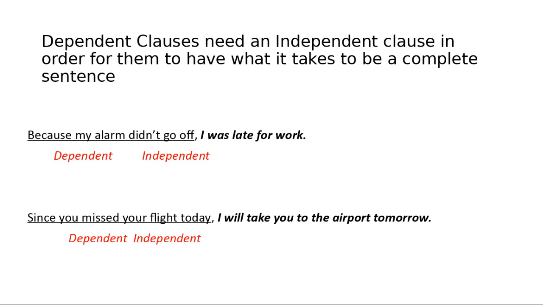Let's look at another example. Since you missed your flight today, I will take you to the airport. Well, since you missed your flight today is dependent, right? We need to know more. But I will take you to the airport tomorrow, that is independent, right? So this, since you missed your flight today, needed this, I will take you to the airport tomorrow, in order for it to be complete, in order for it to make sense.